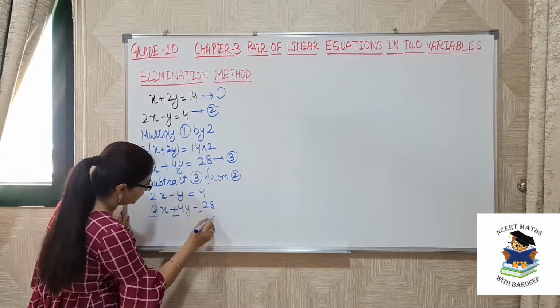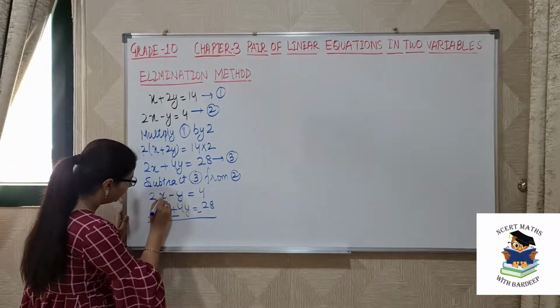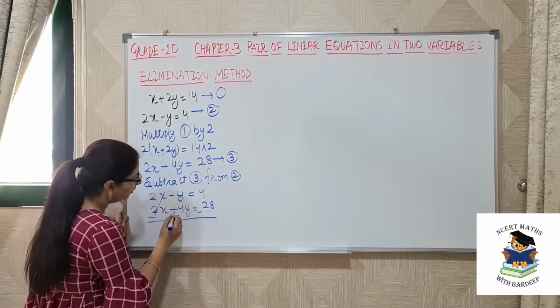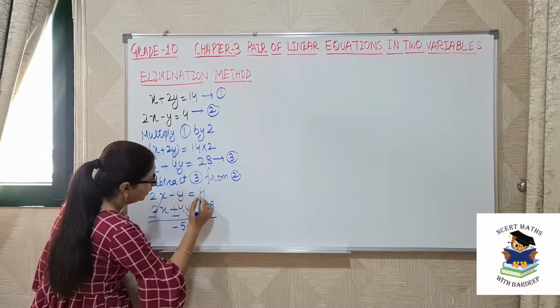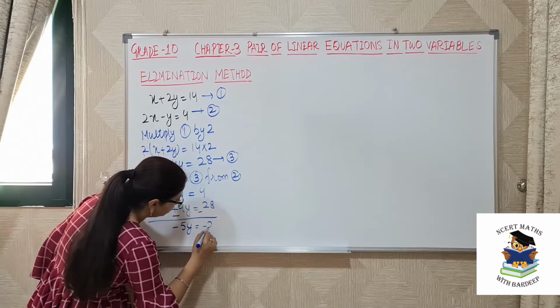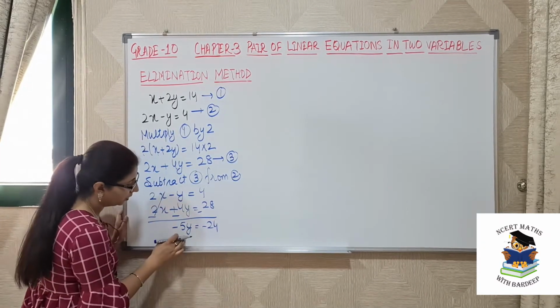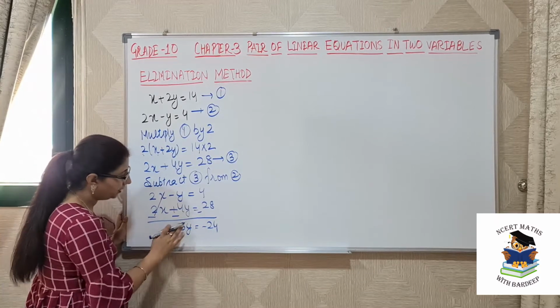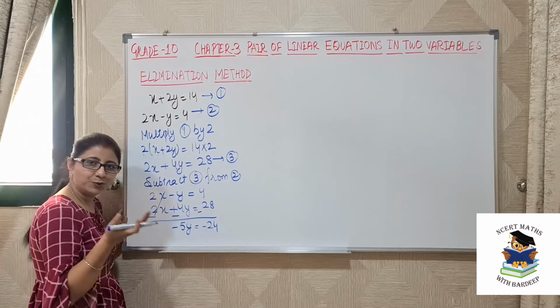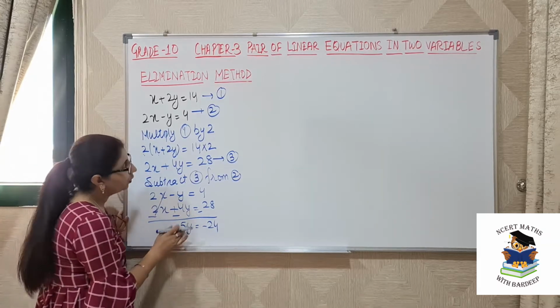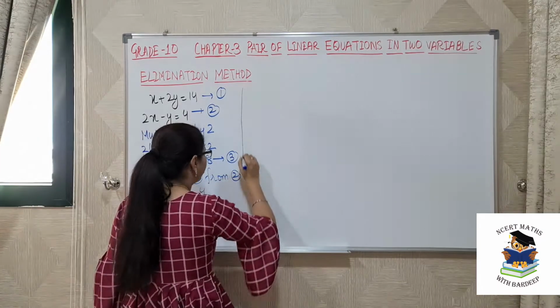Subtraction means change the signs. Okay. So this will be eliminated. Minus y minus 4y is minus 5y. 4 minus 28 is minus 24. Now what is left with us is a linear equation in one variable and that is quite easy to solve. So here what is the value of y?